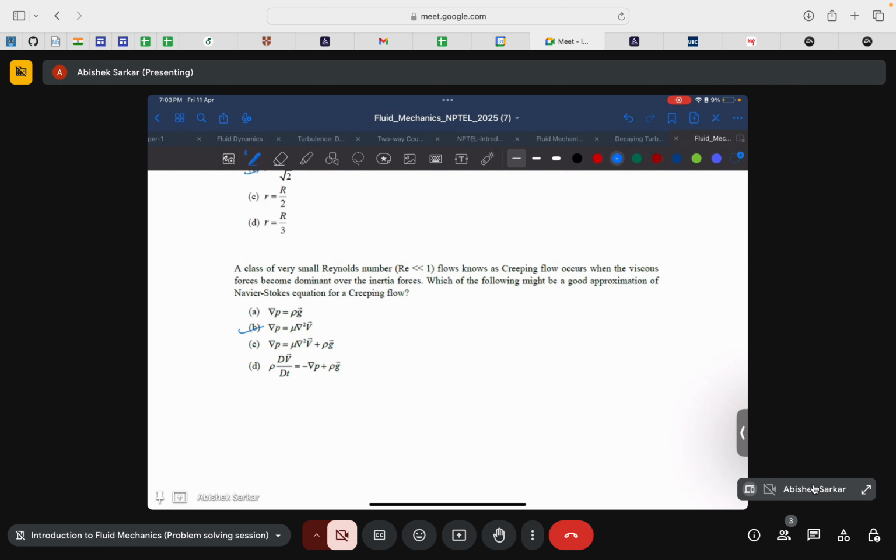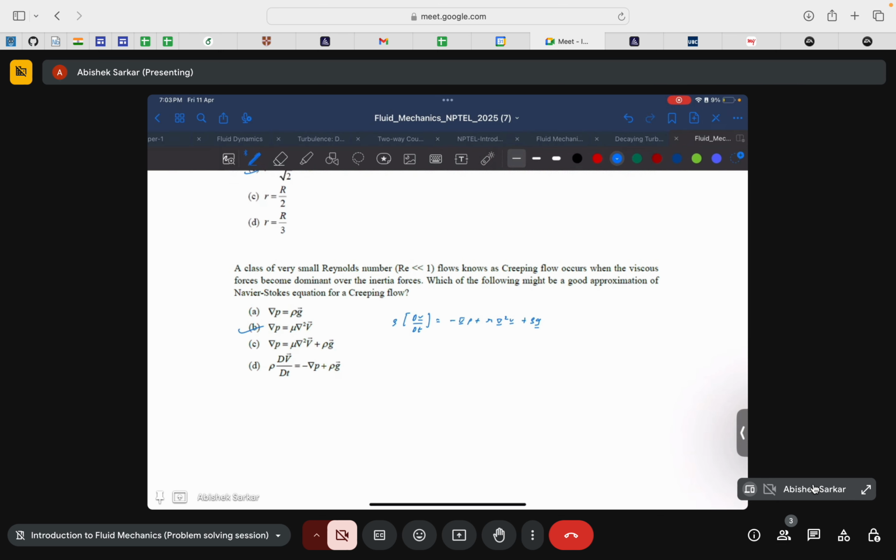Let me just write it. The Navier-Stokes equation can be represented as rho dv by dt equals minus grad p plus mu grad square v plus rho g.